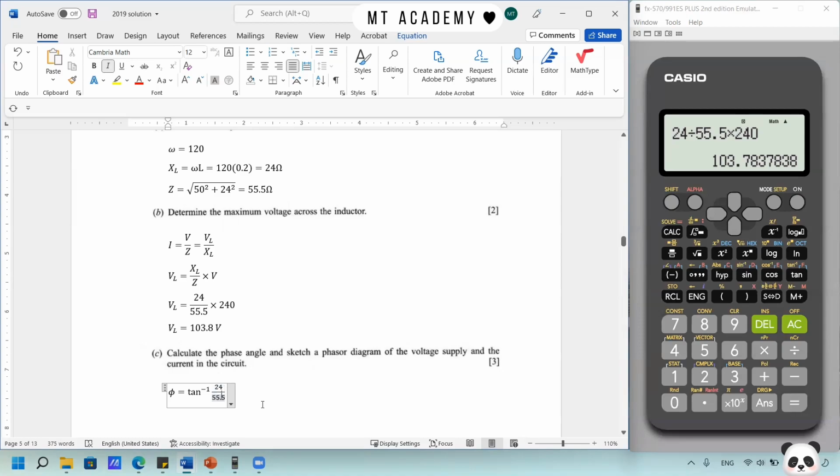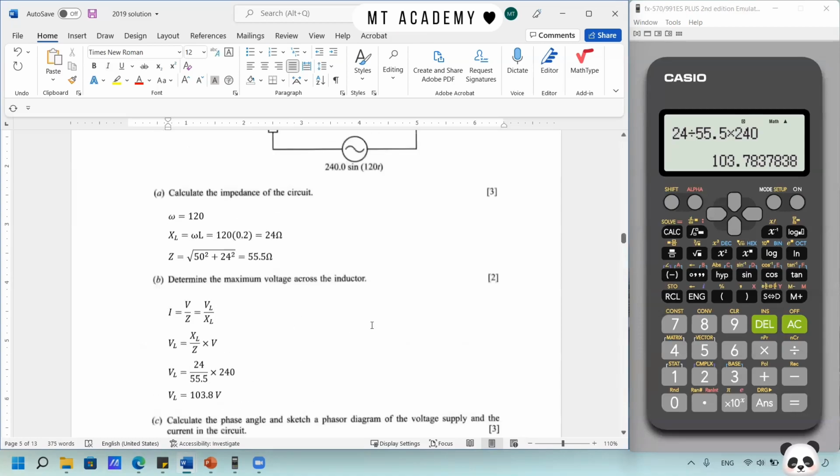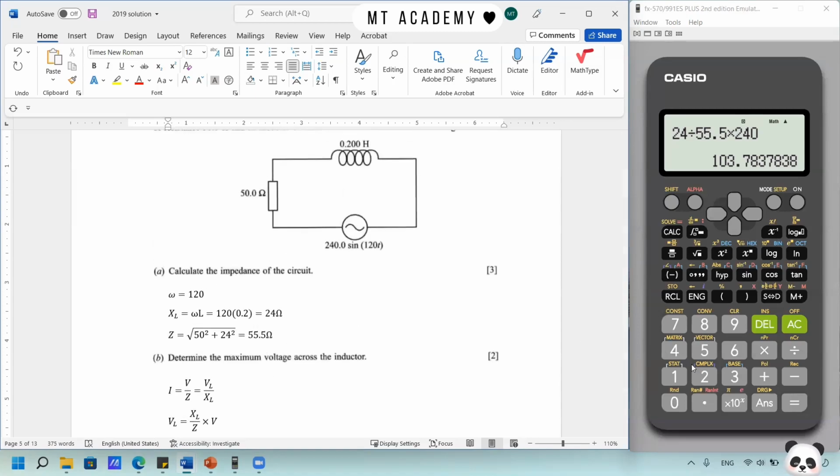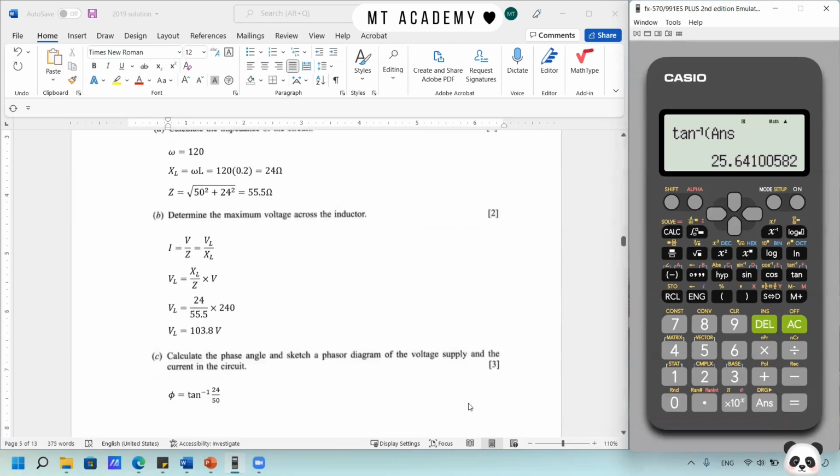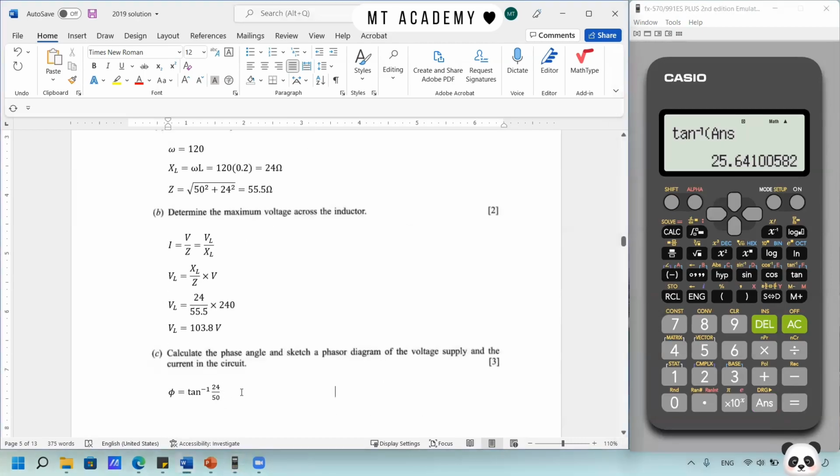It should be resistance, okay, which is 50. Reactance over the resistance, so 24 divided by 50. Shift tangent, so we have the angle as 25.6 degree.